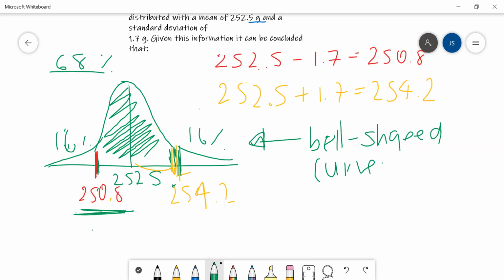And how do we know that? Because that's what the 68 rule says. And if we add 68%, 16%, 16%, that's 100% of all my data. And it's spread out equally, and that's how we've distributed it.